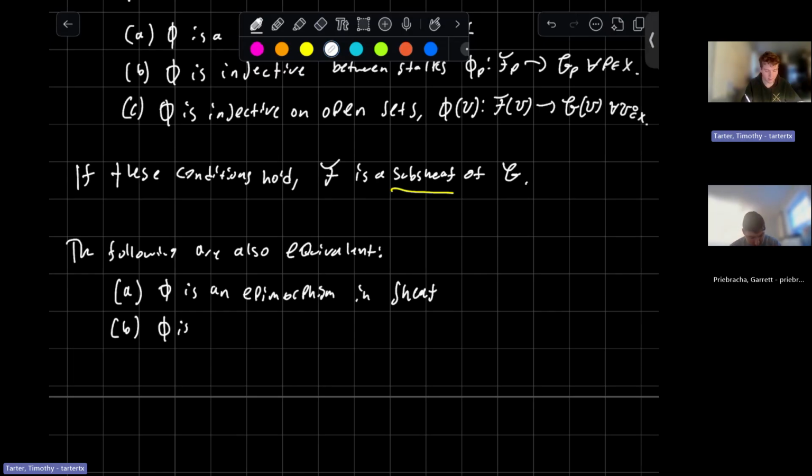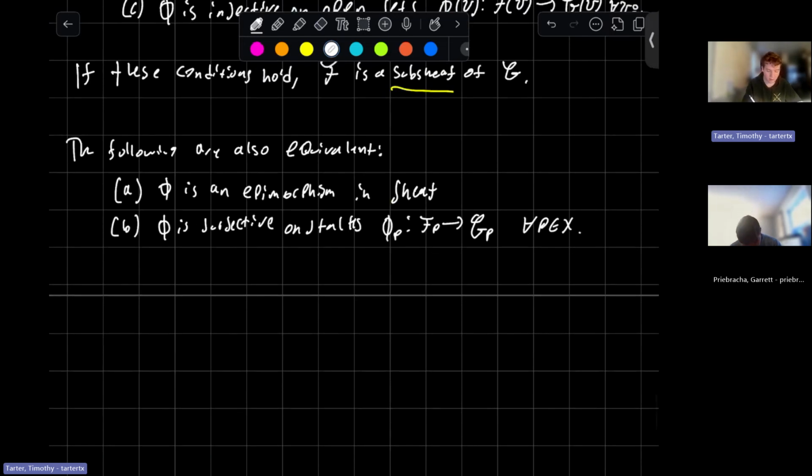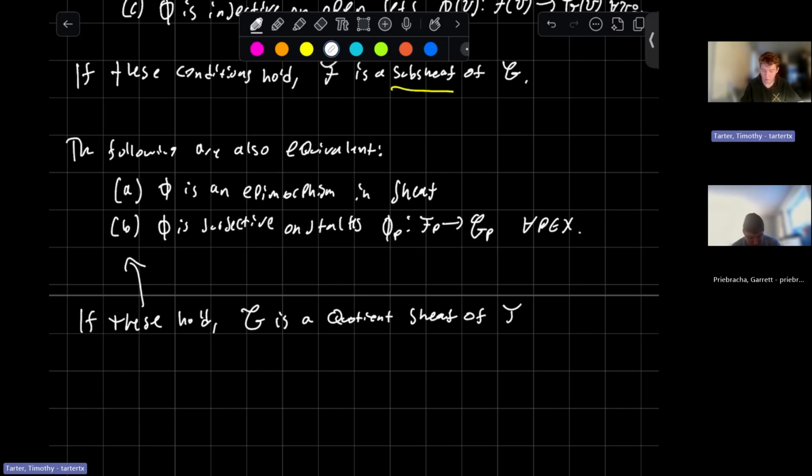And then phi is surjective on stalks, phi p from F p to G p for all p in X. If these hold, then G is a quotient sheaf of F.